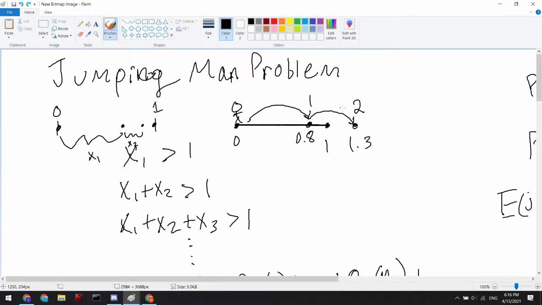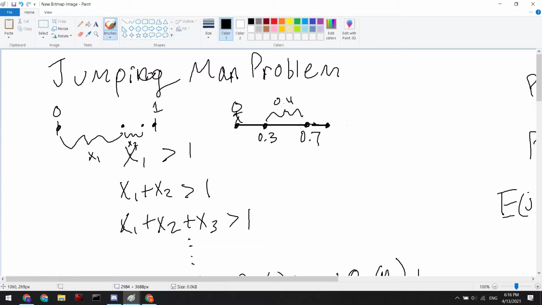And imagine him doing this a bunch, right? So let's do it again. So let's say this time he jumps and he lands, I don't know, here, right? 0.3. Let's say he jumps again. And this time he only does a jump of 0.4 and he lands at 0.7.